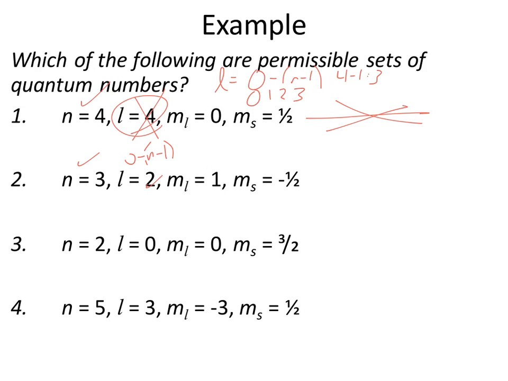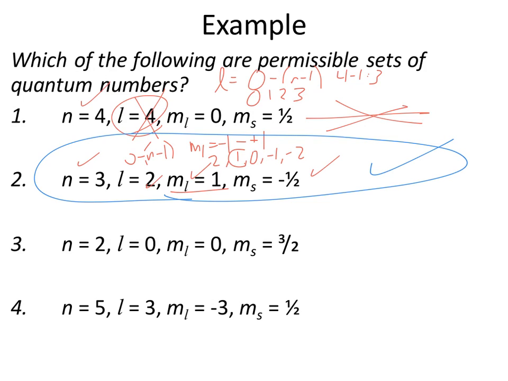The possible values for ml: if L is any value, ml will be equal to negative L to positive L. So if L is equal to 2, the values for ml would be 2, 1, 0, minus 1, minus 2. Now we look at this ml value and it's plus 1, so that actually works. It's right over here. That's fine. And then we can also have a fraction, minus a half.